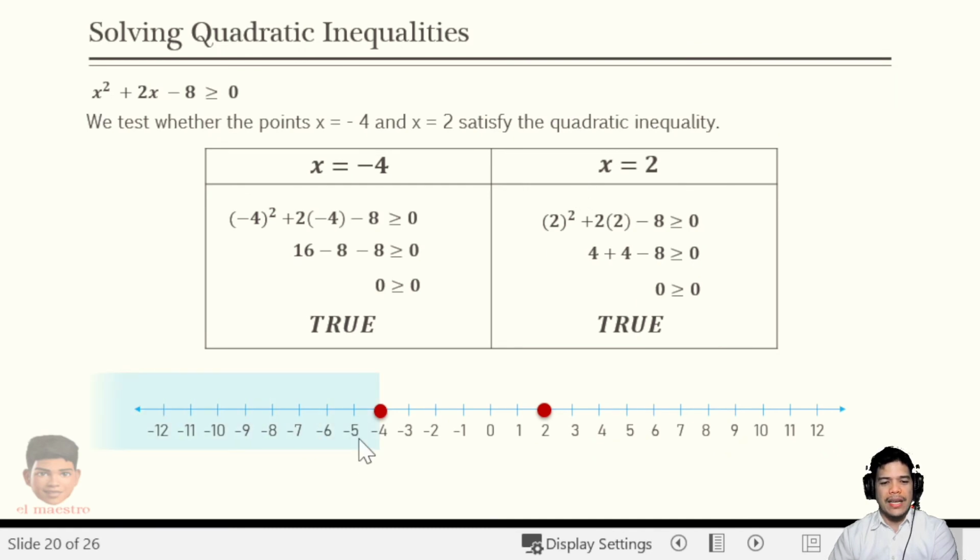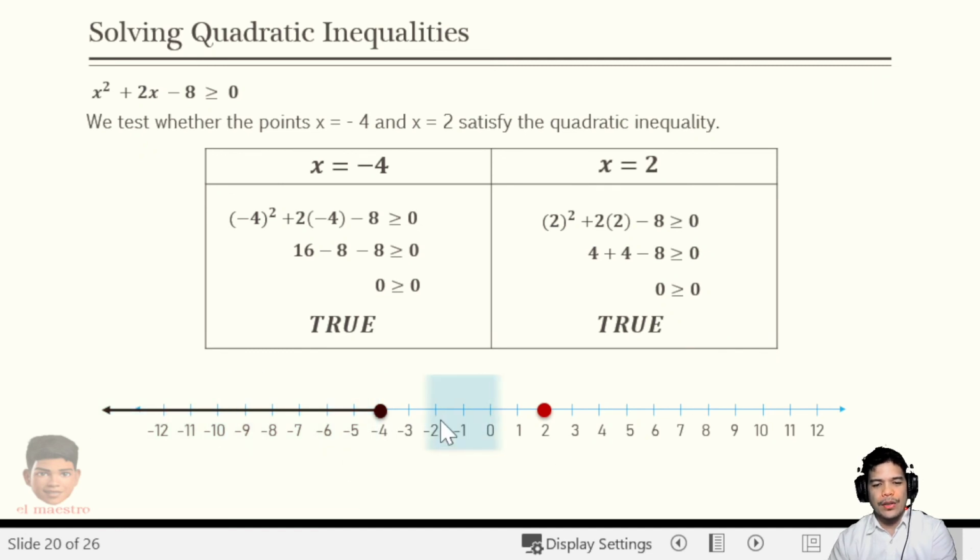So, region 1, ano yung na-solve natin sa region 1, true or false? Since that is true, so meaning we write, okay, i-shade natin yan ng black, dark line, meaning part yan ng solution. And take note, tingnan nyo yung red dot, naging black, meaning part pa rin siya ng solution. Okay?